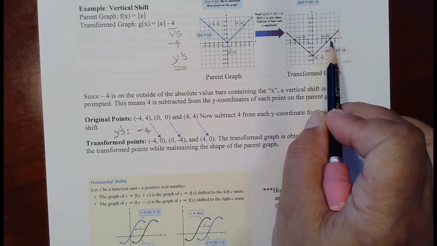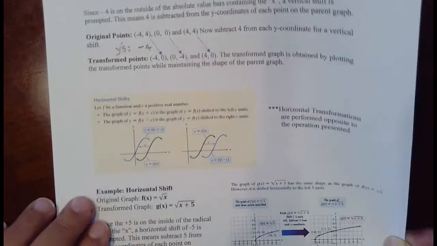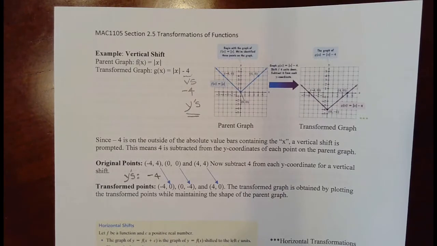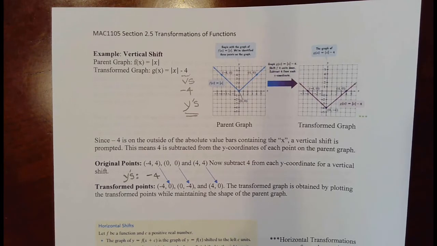Okay, and that's what we're going to be doing mostly throughout this whole section: learning how to read the commands that have been given to us, whether that command be to do a vertical shift, a horizontal shift, a horizontal shrinking, or a reflection. There are various transformations that we're going to review within this section.